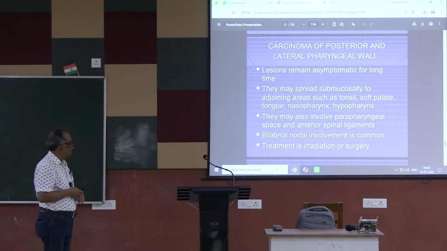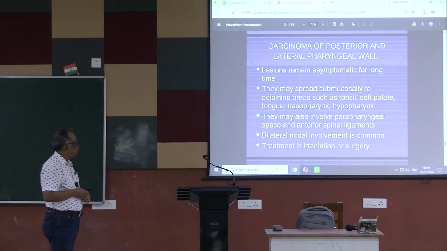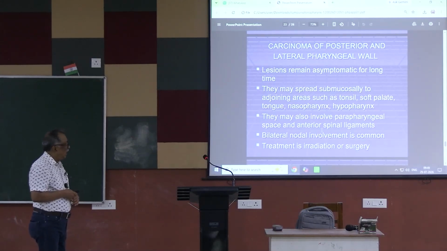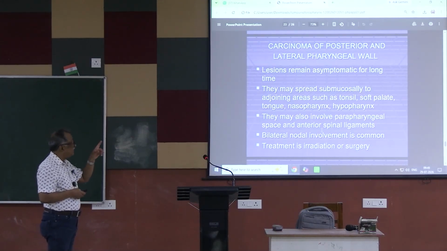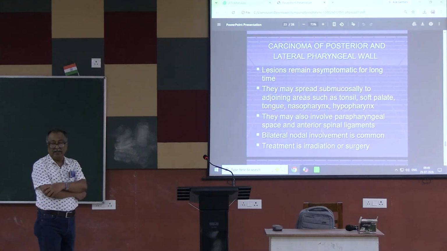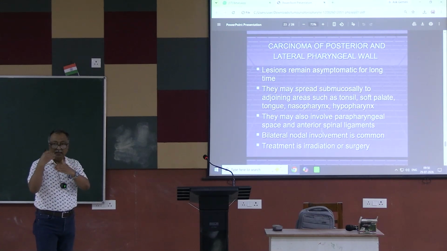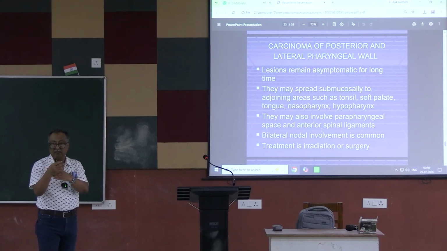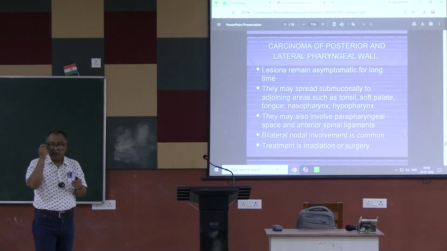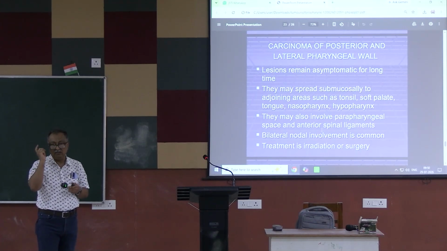Carcinoma of the posterior lateral pharyngeal wall, and the lesion remains asymptomatic for a long time. It is behind the posterior pillar. If you depress the tongue, it is not always visualized, otherwise you think about that lesion.